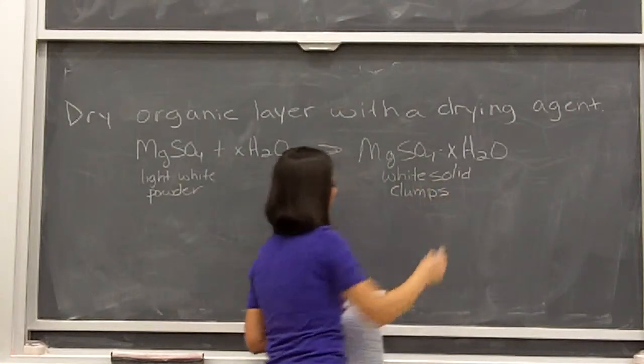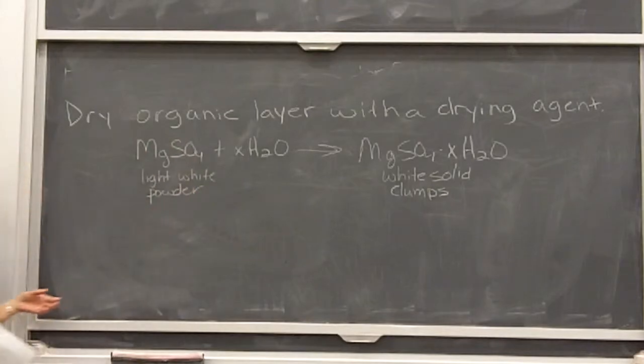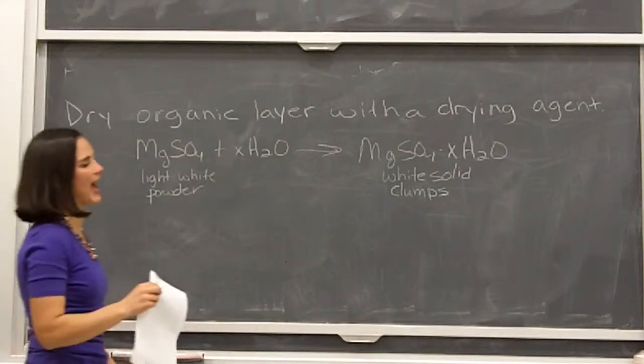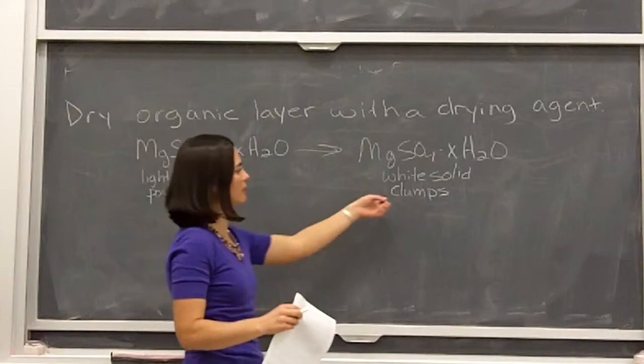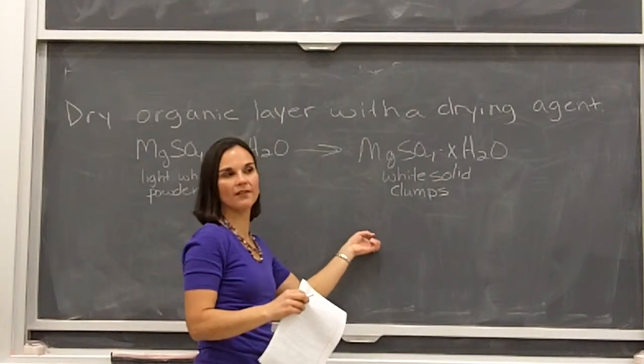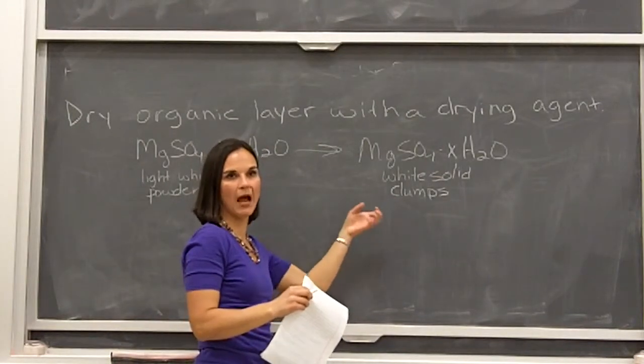So what will happen is as it dries, the magnesium goes from this light powder to these clumps that are formed. Okay? And so how you know that you have enough is you want clumps with a little bit that is free floating, or this powder in there.